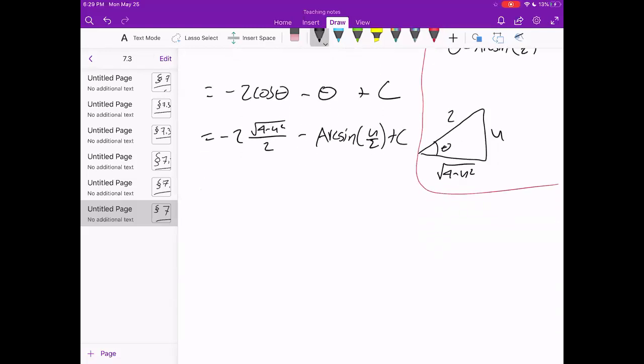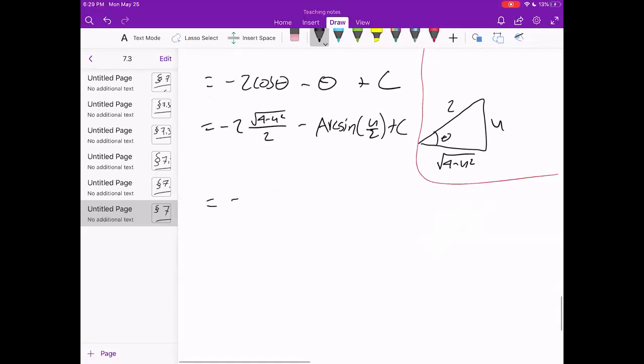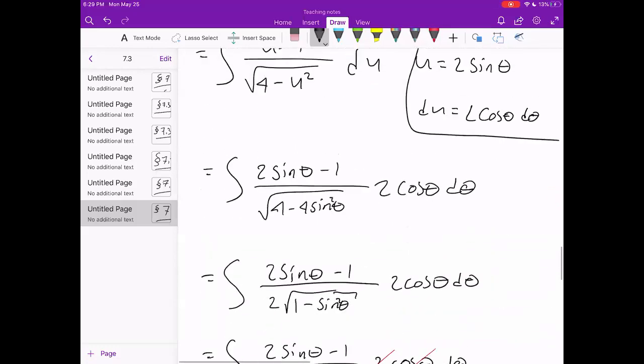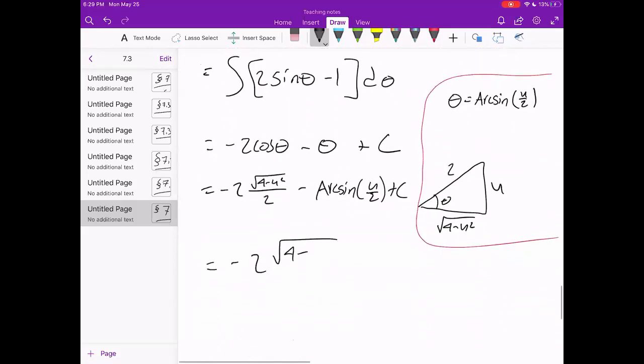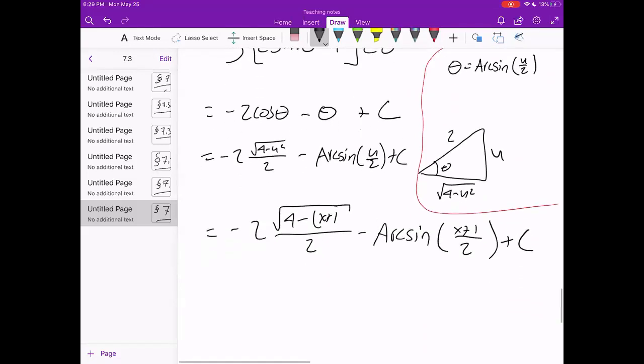And now last thing, we don't want it in terms of u, we want it in terms of x. U was, if you look up, x plus 1. So this is the square root of 4 minus x plus 1 over 2 minus the arc sine of x plus 1 over 2 plus a constant.